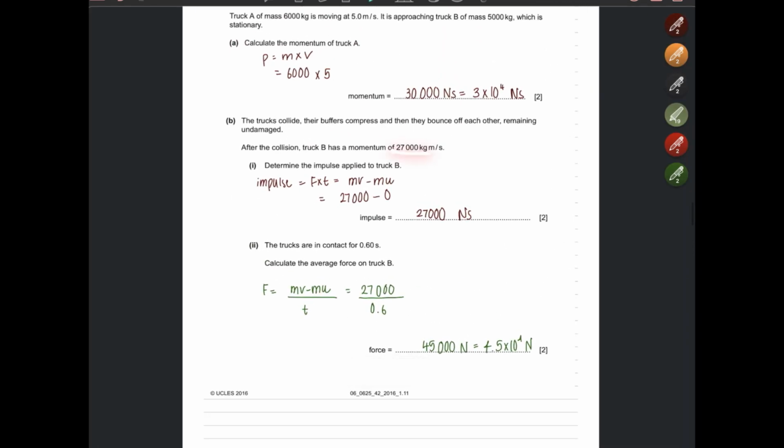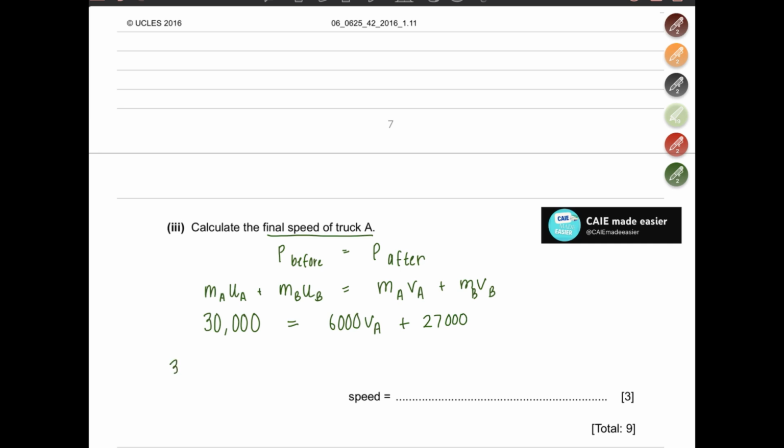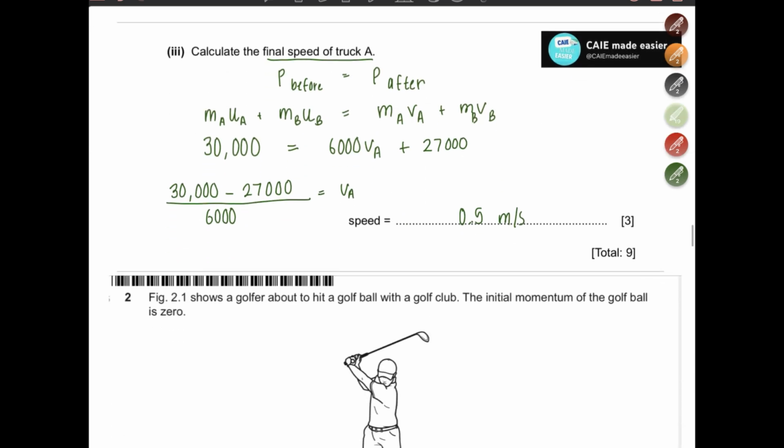It's 27,000. So if you want to find VA, it's going to be 30,000 minus 27,000 divided by 6,000. This is the velocity of truck A, which equals 0.5 meter per second.